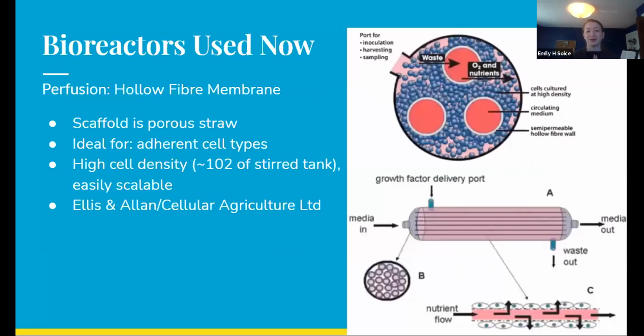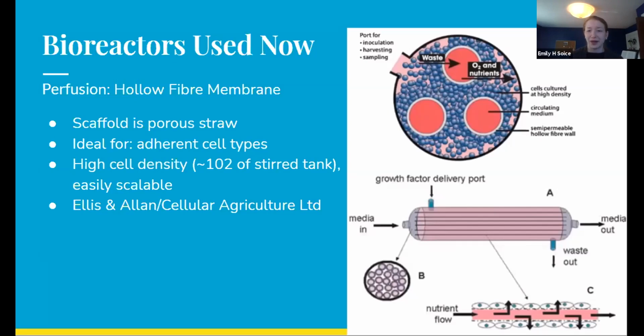So another type of bioreactor that the Alice Lab is working on is the hollow fiber bioreactor. And this is, I think, one of the most promising bioreactors out there, although there's not really one bioreactor type that has been ruled out for cultured meat or for precision fermentation.